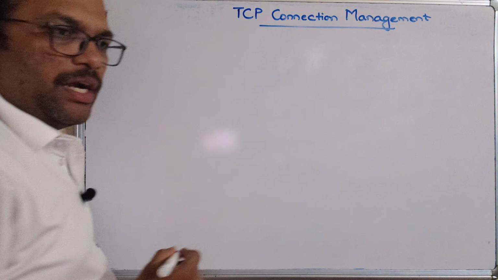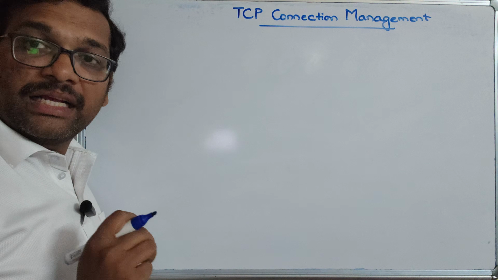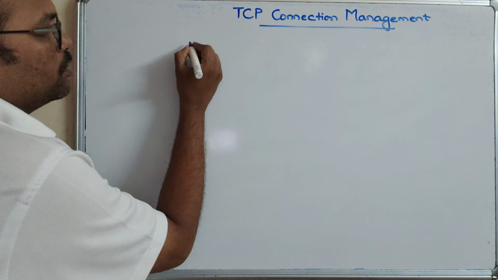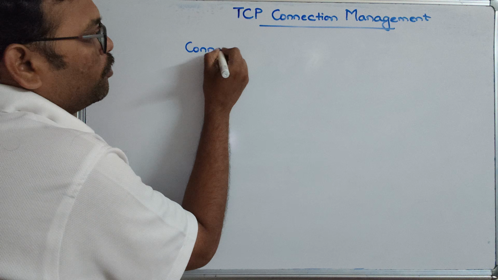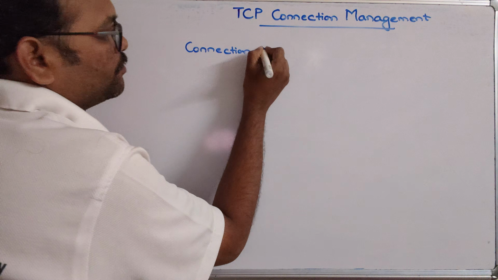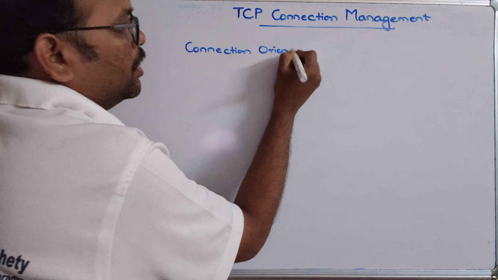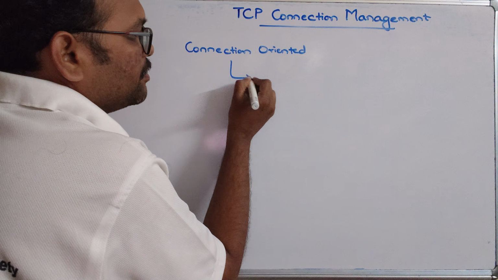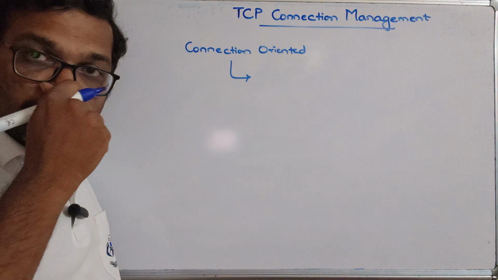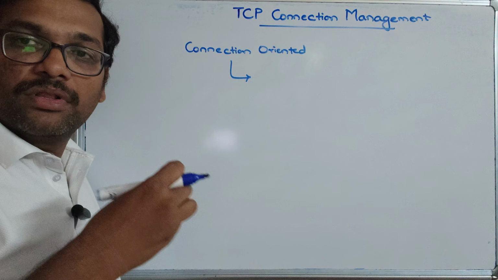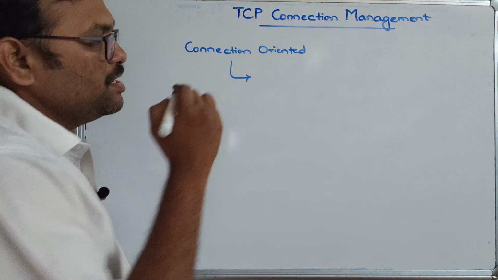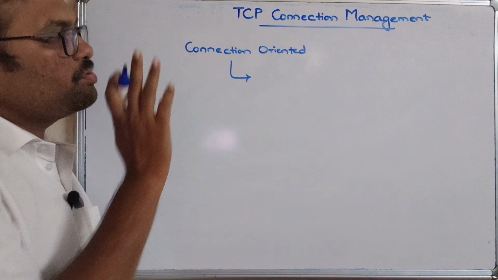We have studied that TCP is a connection oriented protocol. Connection oriented means a connection should be established before the data is transferred, right? So there are three phases of this.